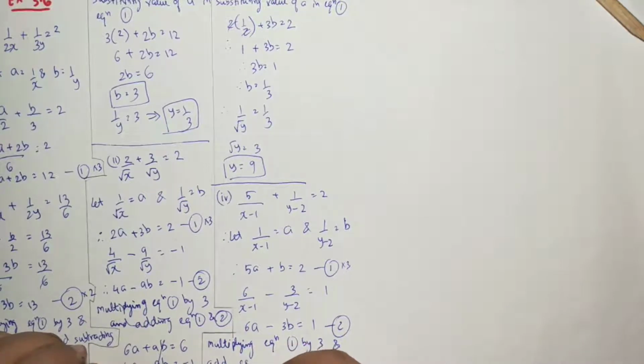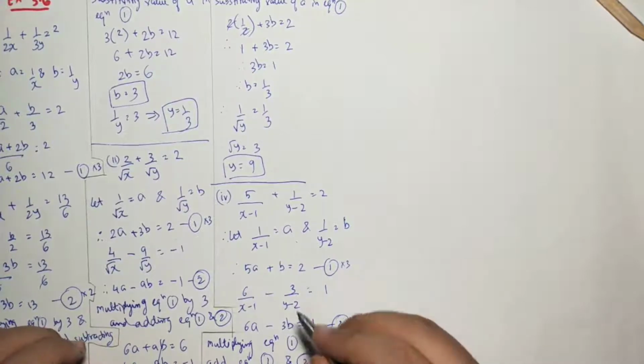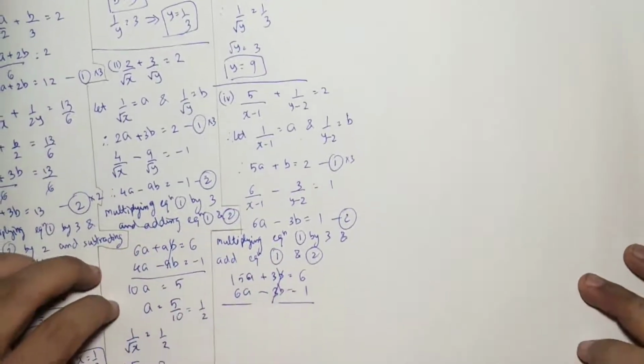And add equation number 1 and 2. So this will become 15a plus 3b equals to 6, and 6a minus 3b equals to 1. We have to add them, so this will get cancelled out.